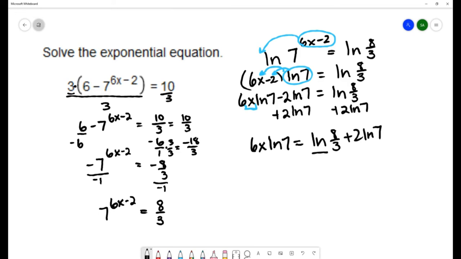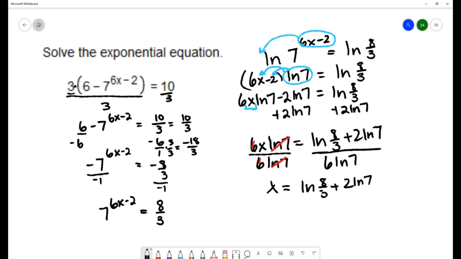And we're going to continue to isolate that x by dividing by 6 natural log 7 on both sides. That cancels the 6's and the natural log 7, leaving us with x on the left. And on the right, we have natural log of 8/3 plus 2 natural log 7 divided by 6 natural log of 7.